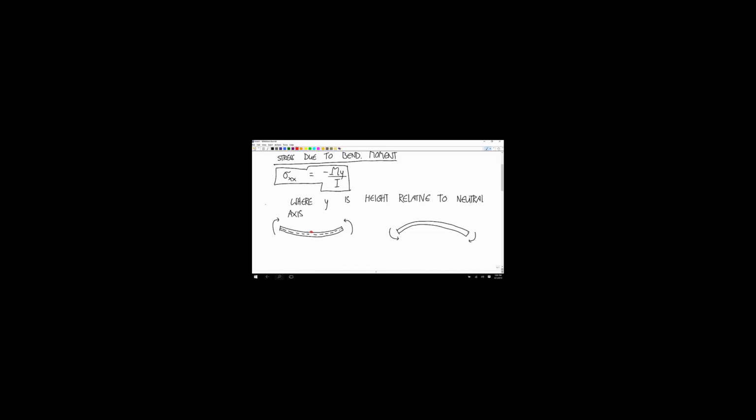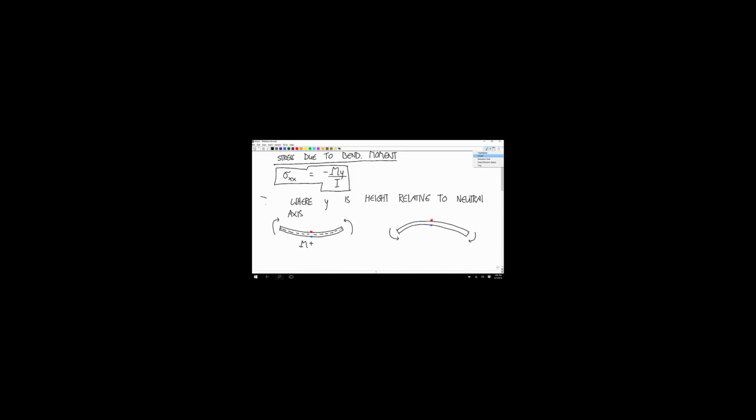And let's think about a point above and below. And then same thing over here. In this case, this is a positive bending moment. If you started with couples like that at the ends and went in and calculated the internal loads, you get positive bending moment. So this is a positive value of M.